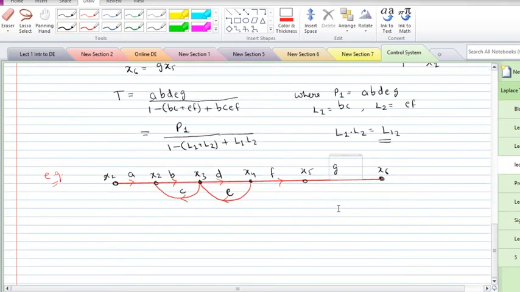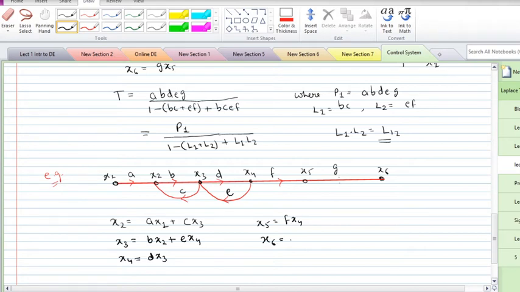So proceeding in the similar way, writing the equation for x2, x2 is equal to ax1 plus cx3, x3 is equal to bx2 plus ex4, x4 is equal to dx3, x5 is equal to fx4, x6 is equal to gx5.